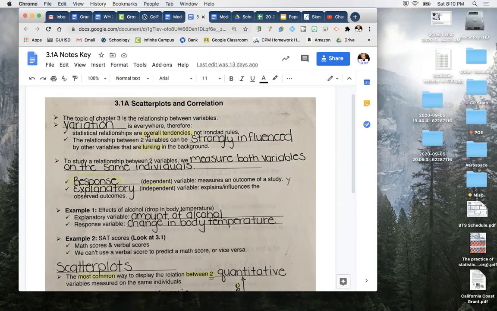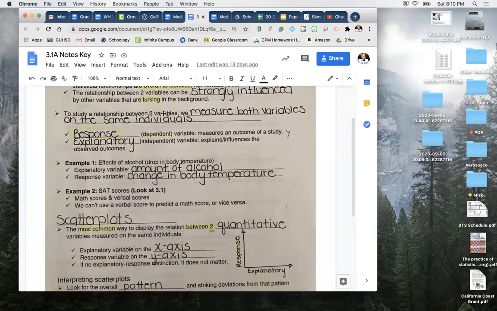But you can see that I talk about having 2 variables. We're going to be measuring a relationship between 2 variables. And just so you know, we are going to talk about the influencers behind the scene in some of these variables. We're going to be studying relationships to see if when I measure these 2 variables, they form like a linear response. That's primarily what we're going to be looking at.